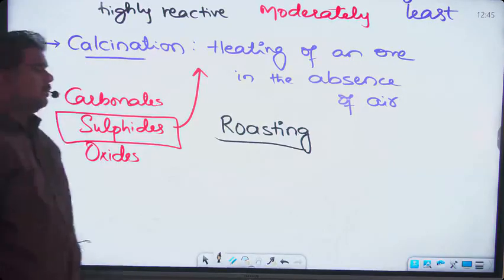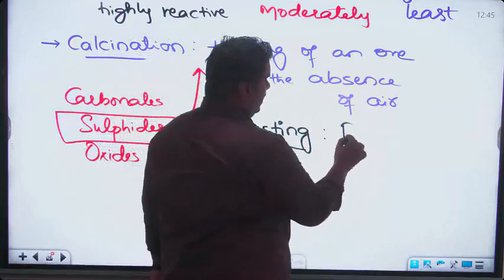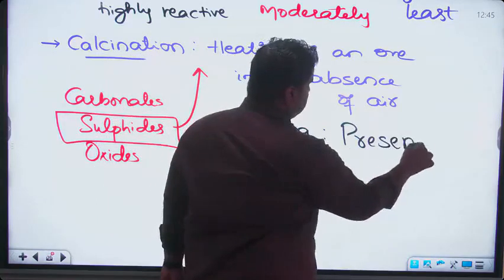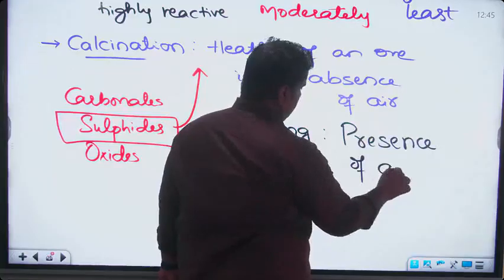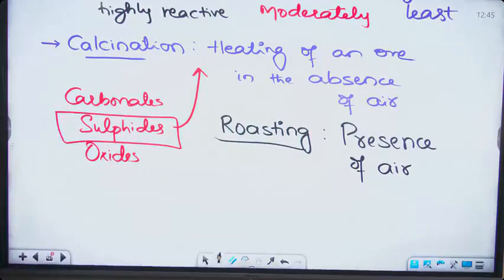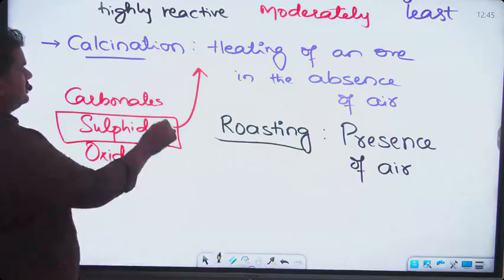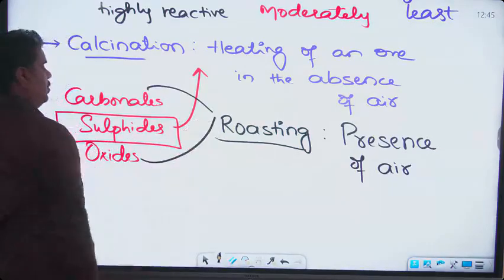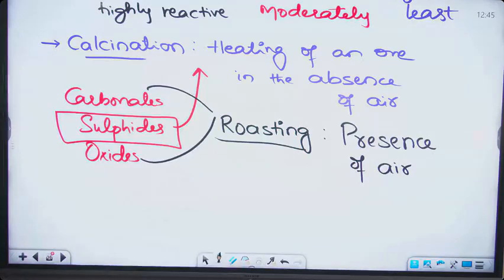Now the moment talking about the case of roasting, it is quite opposite. Heating of an ore in the presence of air, gali samakshamlo, is known as roasting. మరి రోస్టింగ్ ప్రాసెస్లో ఏ ఓర్ యూజ్ చేస్తారు అని అంటే కార్బోనేట్ అండ్ ఆక్సైడ్స్. కార్బోనేట్స్ అండ్ ఆక్సైడ్స్ ఆర్ సబ్జెక్టెడ్ టు రోస్టింగ్ ప్రాసెస్.